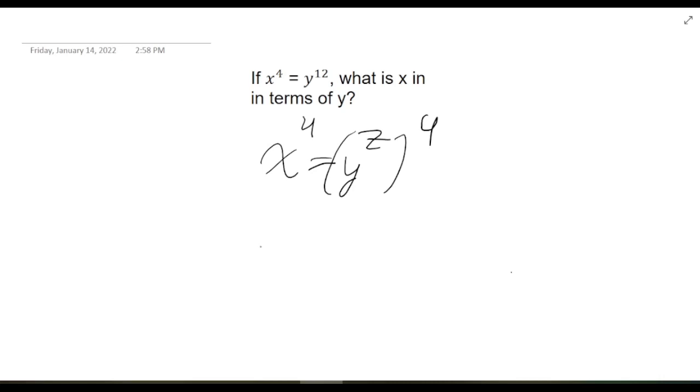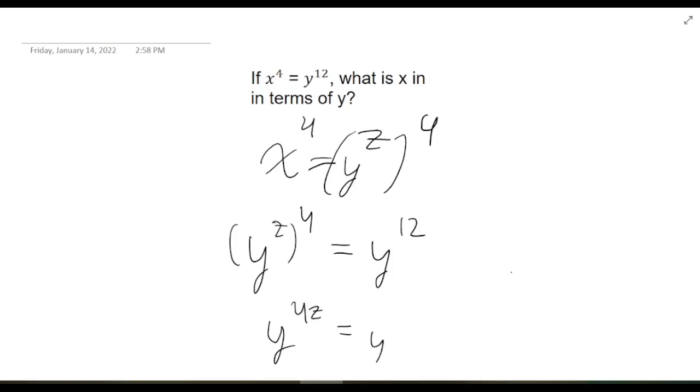So we can rewrite the equation as y to the z to the 4th equals y to the 12th. And remember what we said, when we raise an exponent to another power, we just have to multiply those two together. So we get y to the 4z equals y to the 12.